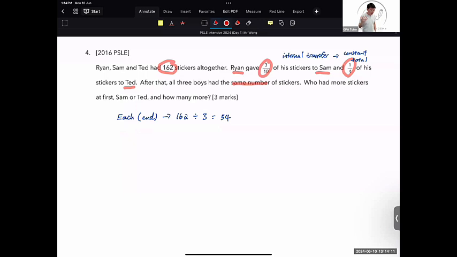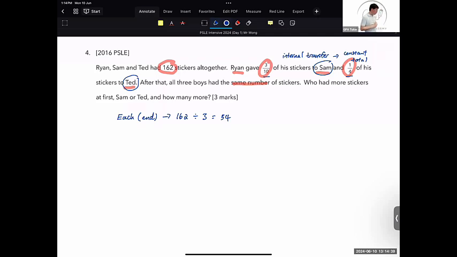You could draw a model to represent the information, or you could do it by a ratio table. I leave it to you. But let's look at a model method. Ryan gave away 3 out of 10 of his stickers to Sam, and 1/4 of his stickers to Ted. What does that suggest?